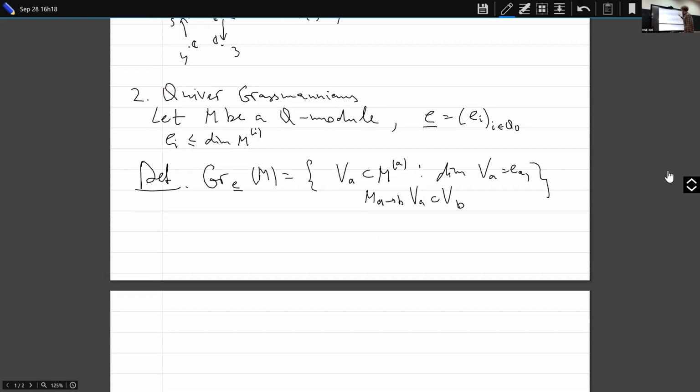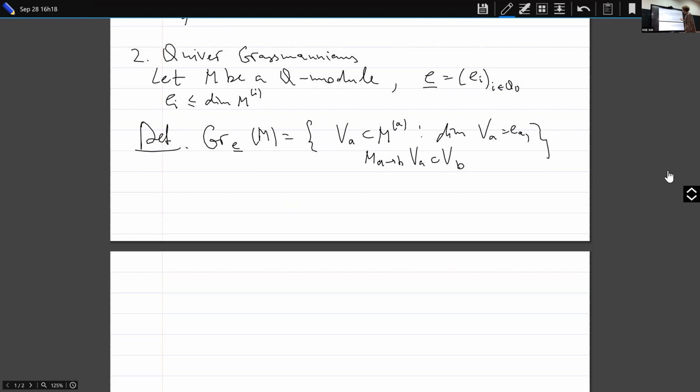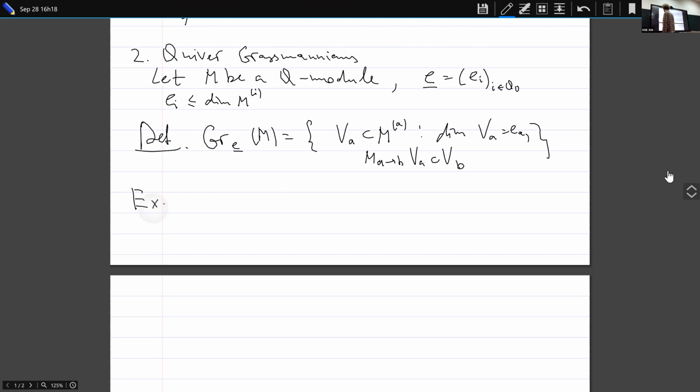Okay, so now let me give you some examples. Maybe the most natural example is Q being the A1 quiver, and then M is just an n-dimensional vector space, and e is some number less than or equal to n.